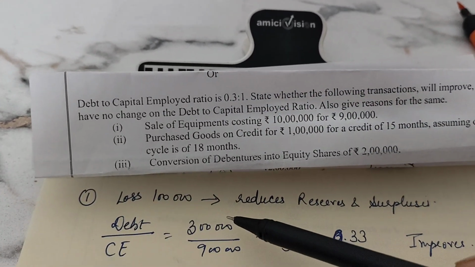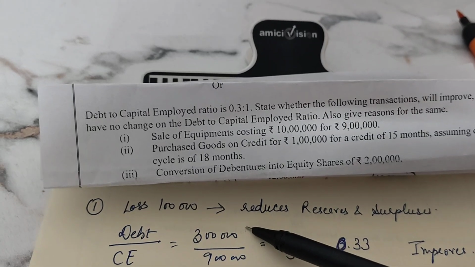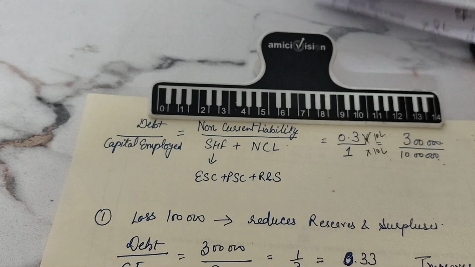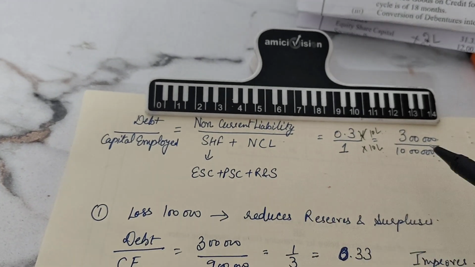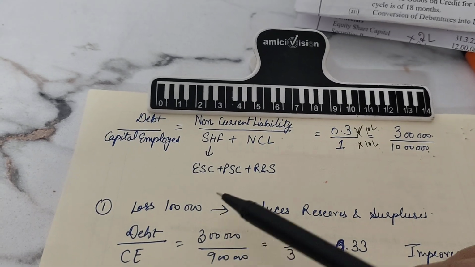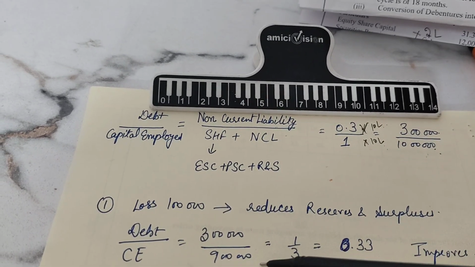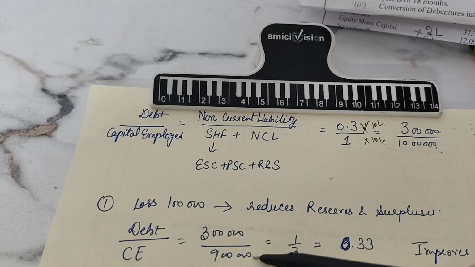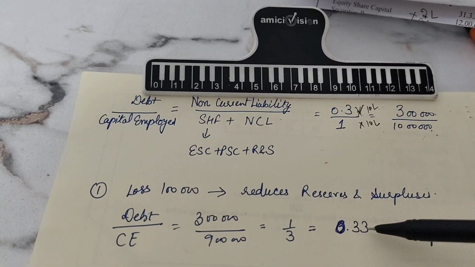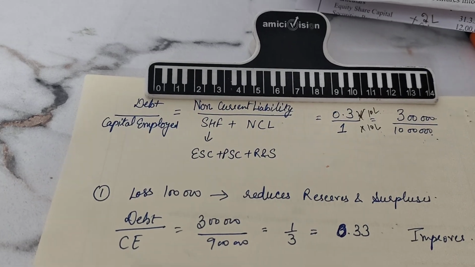So what would be the new ratio? The debt will remain the same as 3 lakh, which we presumed, but the capital employed of 10 lakh, minus this loss of 1 lakh, would be 9 lakh. Now 3 lakh divided by 9 lakh, we get 1 by 3, which means 0.3333 and so on.